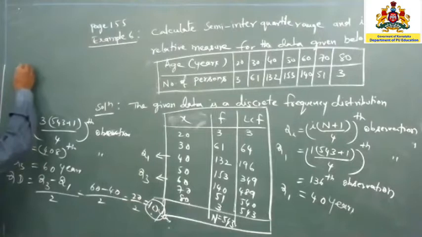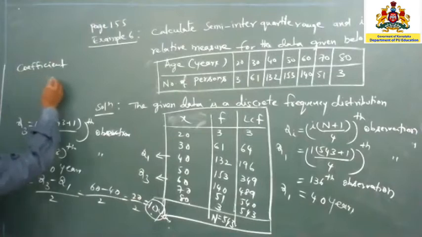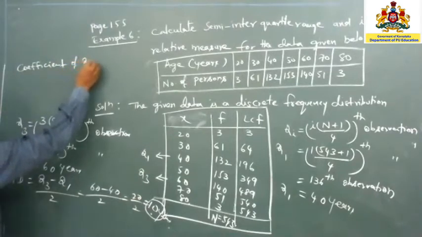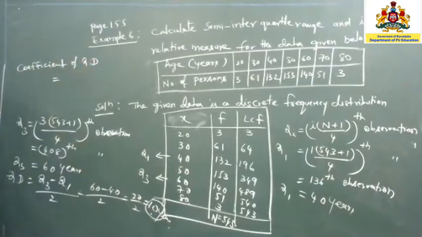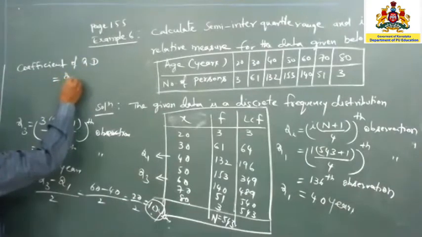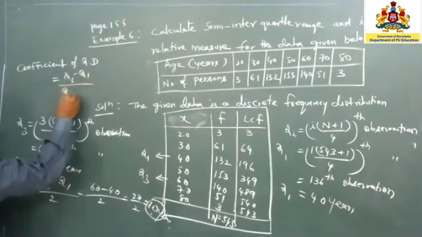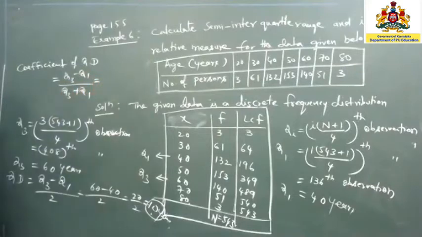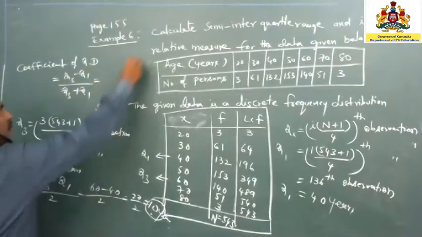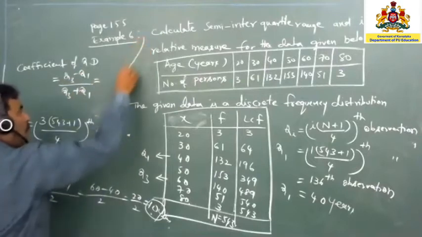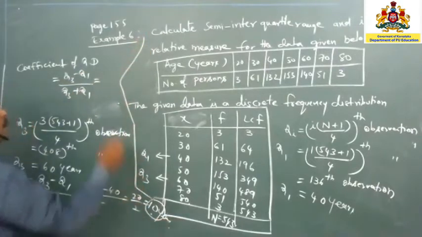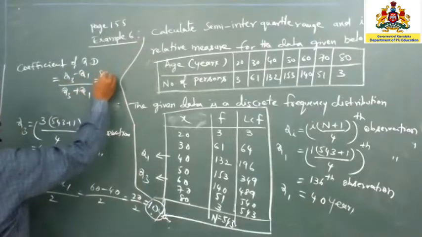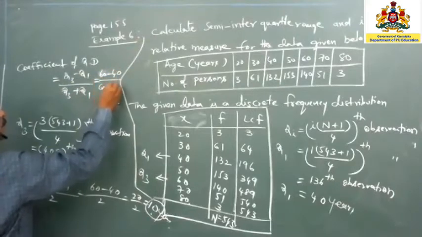Now the coefficient of quartile deviation is (Q3 minus Q1) by (Q3 plus Q1), which is (60 minus 40) by (60 plus 40).